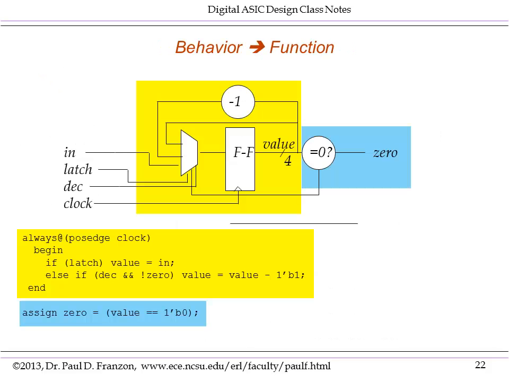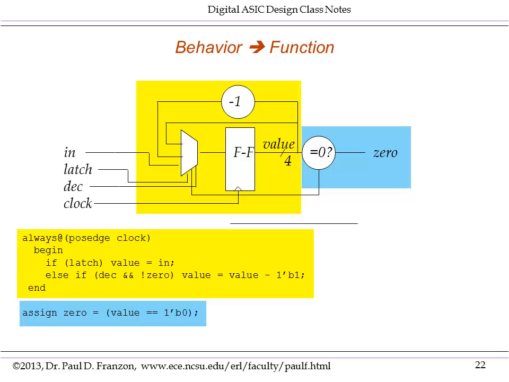Let's turn this around and look at how behavior implies function. And here what I've done is color-coded the code correspondence to the logic. Again, if you look at the code, you can see this is the logic that would derive from it. Always at pos edge clock means a flip-flop. If else means a mux.